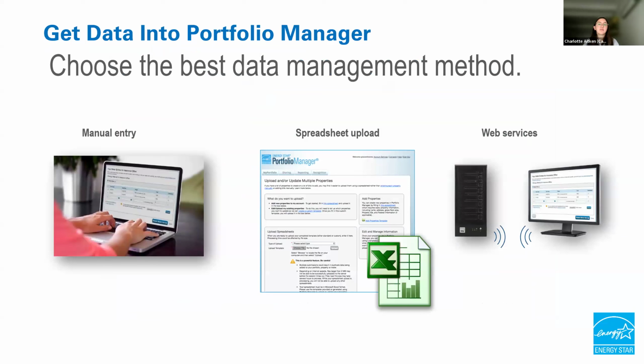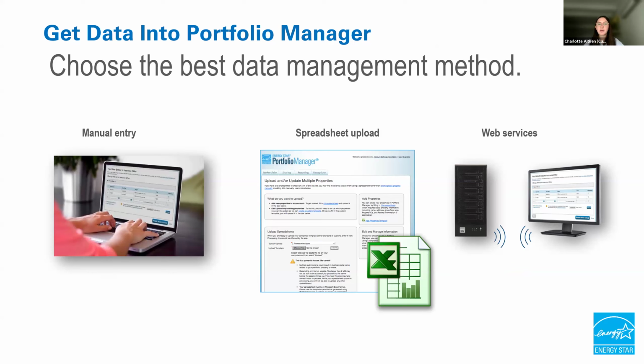So there are 3 ways to enter data for your property or portfolio. The most basic approach is to enter data manually, which is just creating and updating one property or meter at a time. Another way is to upload data using spreadsheet templates to enter a building or multiple buildings, using details about the building and meters and consumption data.